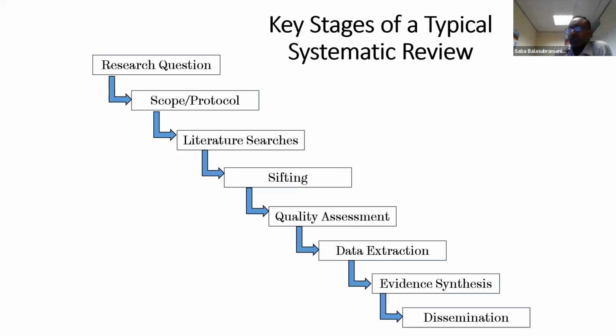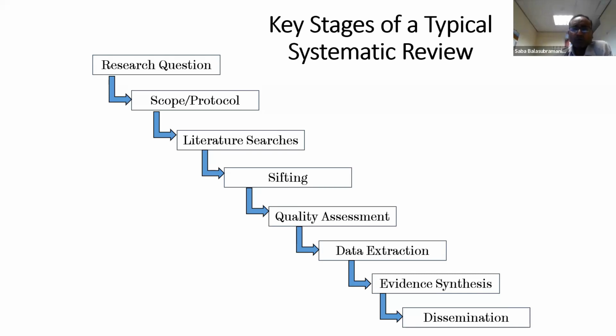So, what are the stages of a typical systematic review? Now, you've probably come across this before. You're probably familiar with this, so I won't dwell on it. But the really important thing to emphasize is that you have to start off with a research question that is clear, well-defined, and answerable. If you don't have a clear research question, then you're starting off on the wrong foot.